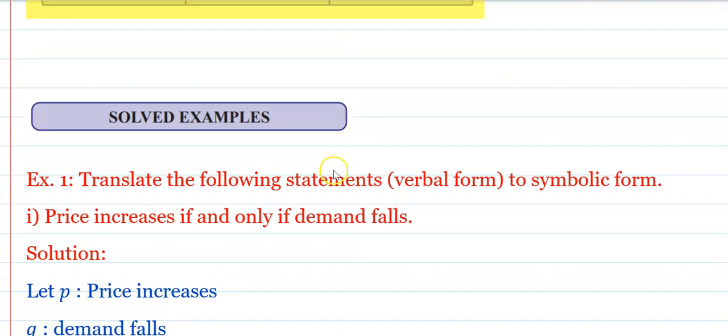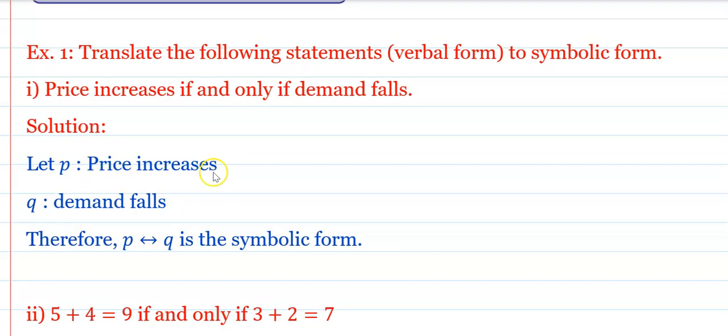Okay. Now the short examples. First question. Translate the following statement to the symbolic form. Okay. Prices increase if and only if demand falls. Now the first P means what? Prices increase. Q, demand falls. If and only if is the double implication.